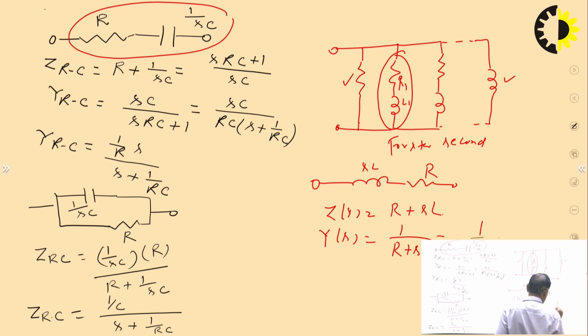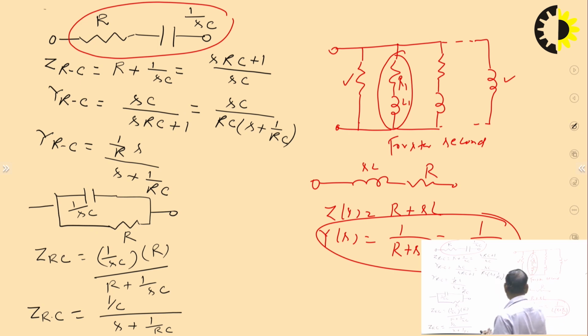Take L outside, so it is 1 by L upon s plus R by L. So if you are going for the Foster second of the RL function, then you have to compare with the partial fraction expansion, and we can get this value. This is 1 by L, multiplied with the coefficients, and R by L is equal to sigma 1. So this way we can get the value of R1 L1, R2 L2, and R3 L3, and so on.